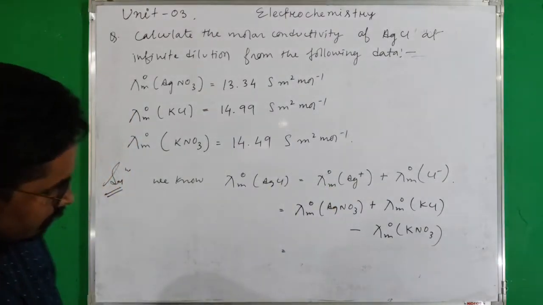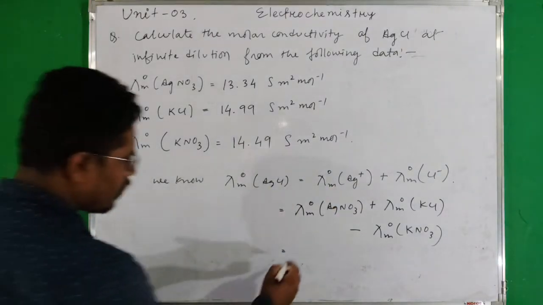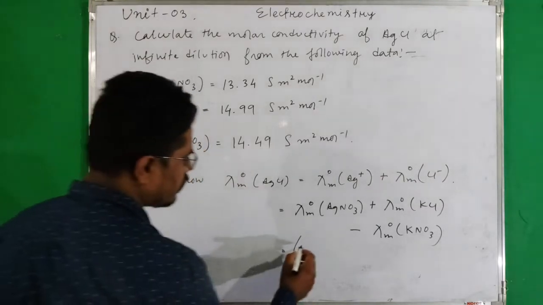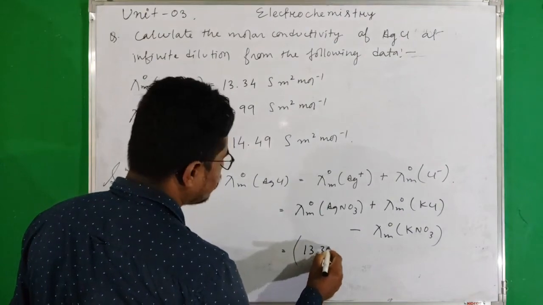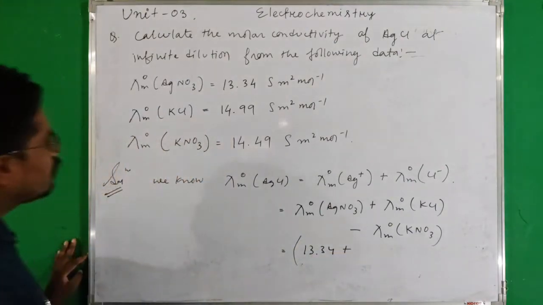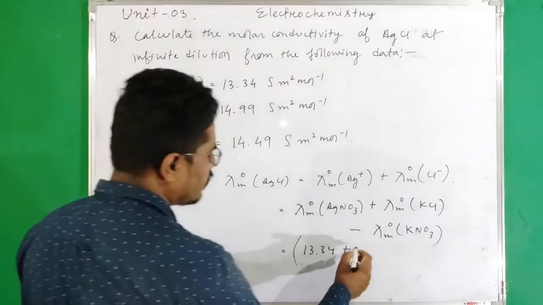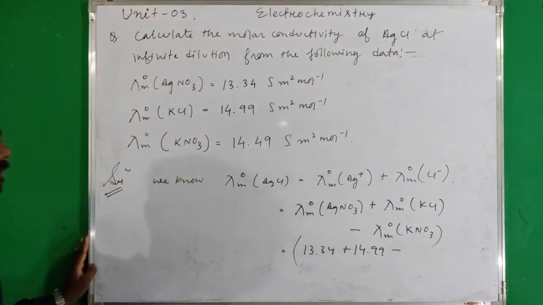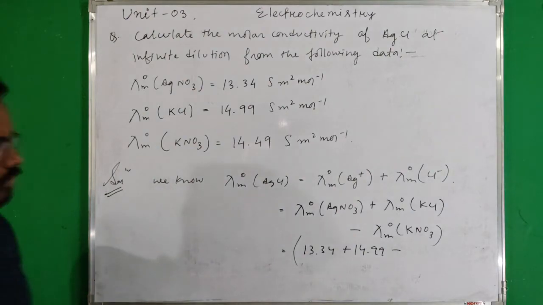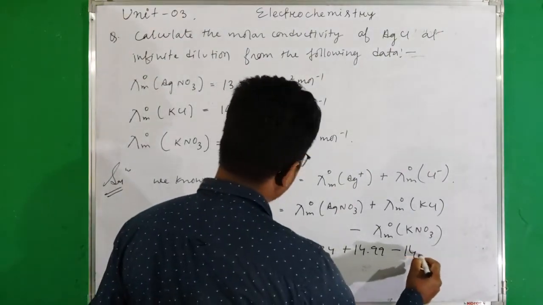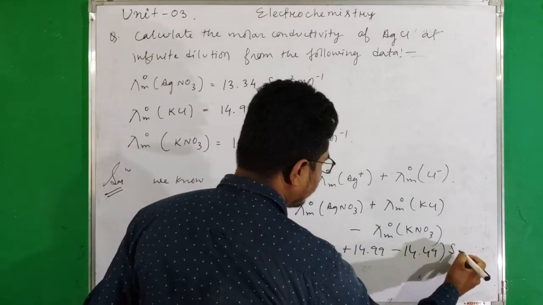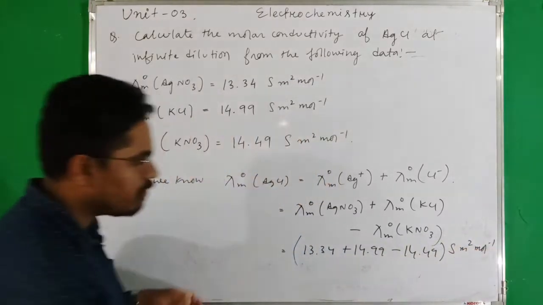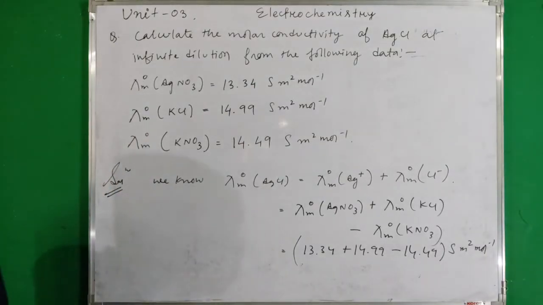Okay, now we will put their values. The value of lambda m naught for AgNO3 is given as 13.34, okay, then for KCl the value is 14.99, okay, and then minus for KNO3 the value is 14.49, and the unit is the same for them, and the unit is Siemens meter square per mole.